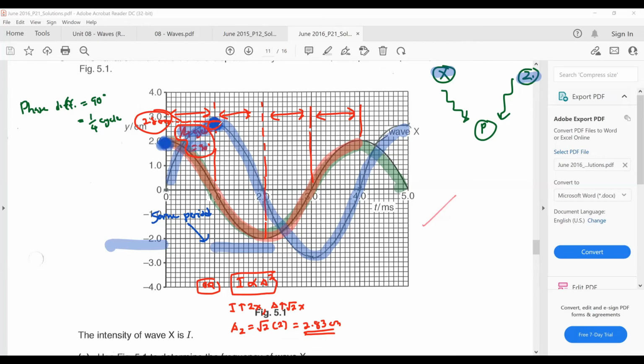I can see from here if this is my crest, and then this one again is my crest, this one is a period of 4 milliseconds. All right, so that part is for this.